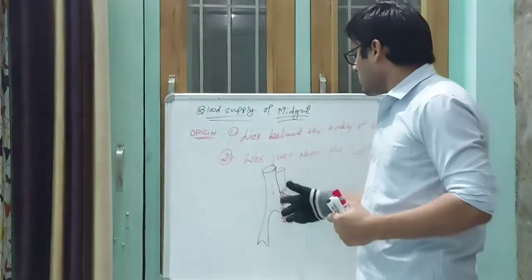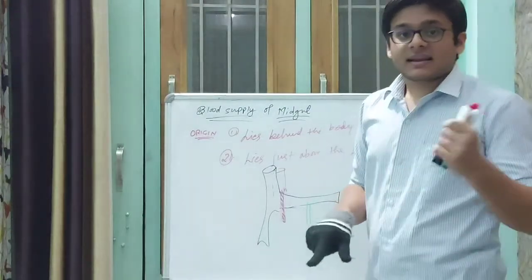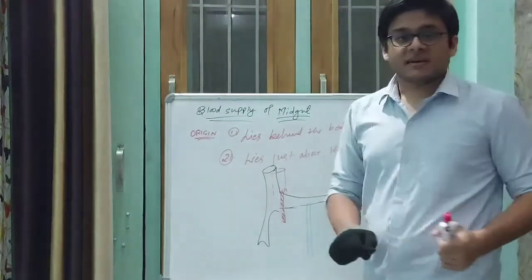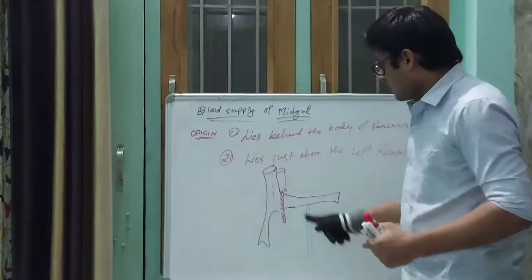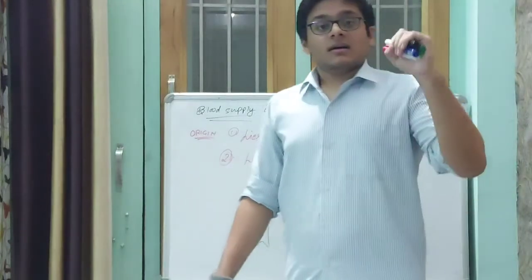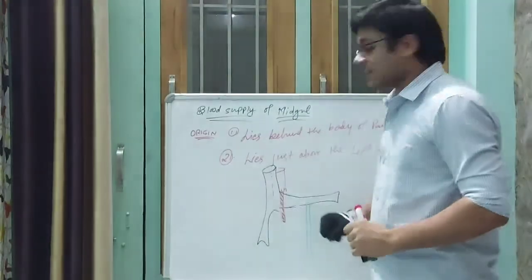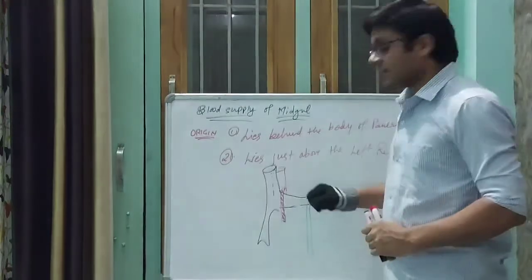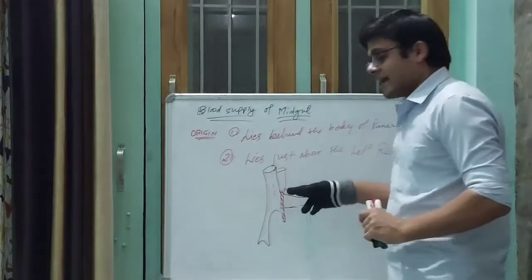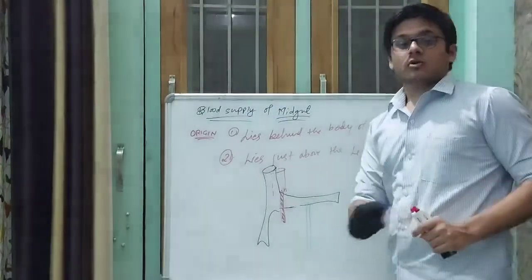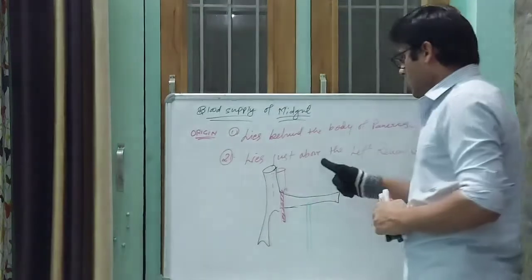However, nutcracker syndrome also involves another clinical correlation with the superior mesenteric artery that we will discuss shortly in this lecture. One important clinical mark in nutcracker syndrome is that the left renal vein gets entrapped like a nut between the superior mesenteric artery and abdominal aorta, and it directly affects the gonads. So this is the origin.